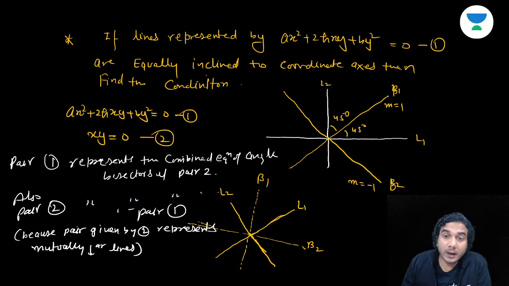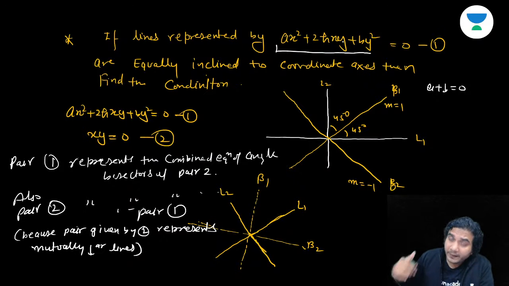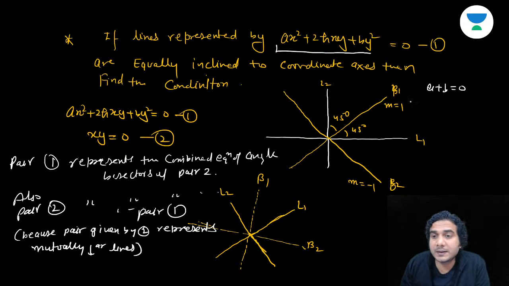So now we know that lines represented by this must be mutually perpendicular. So we know that a plus b must be 0. And because they are also angle bisectors of lines L1 and L2, these are angle bisectors, and L1 and L2 are also angle bisectors of these lines, so h must be 0.